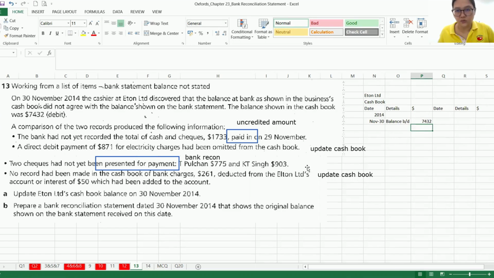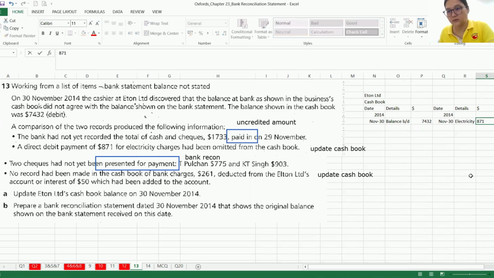And then there are two items we have to update in the cash book, which are the direct debit payments. These two amounts we have to put into the credit side. This one, electricity charge, which is 871.